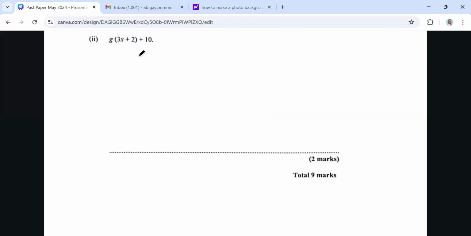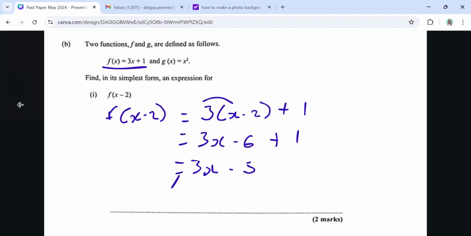All right, moving on. All right, so this is g of x, g maps onto 3x plus 2, plus 10. So first, I need to use back the formula right here. g maps x onto x squared.